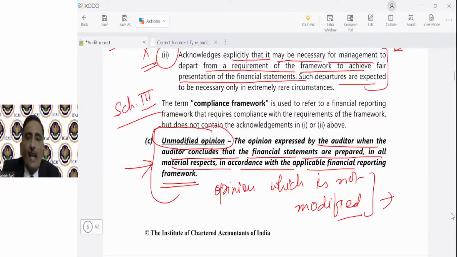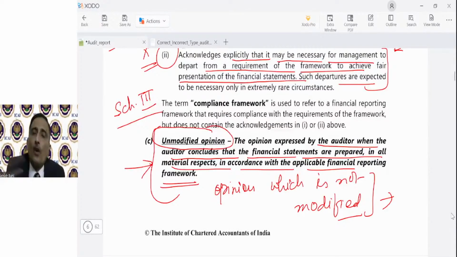If he finds that everything is okay, then he gives an unmodified opinion. Then he states that financial statements reflect a true and fair view of the state of affairs of the company and of the profit or loss for the period.